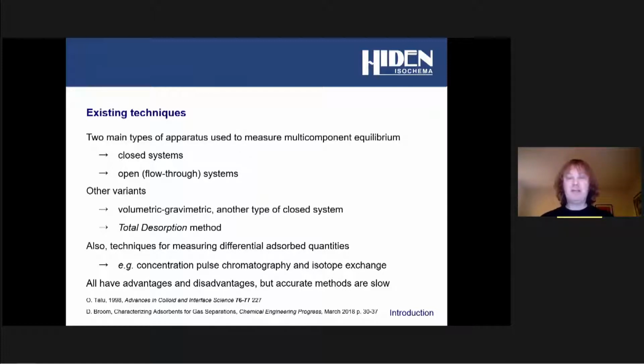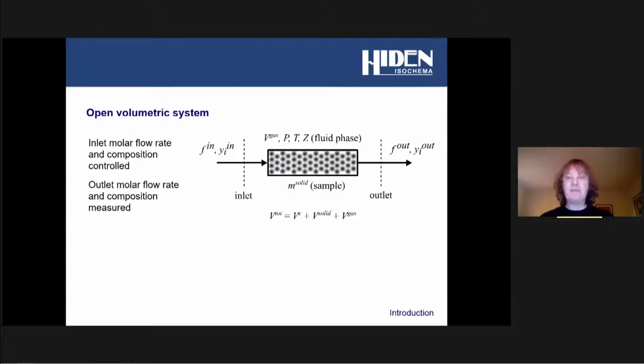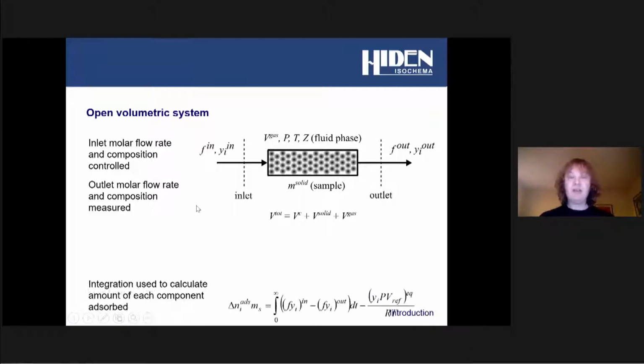Before moving on to the IMB method itself, I'd like to focus on the open volumetric system. So we have a schematic over on the right-hand side here showing the adsorption column. In this technique, we control the inlet molar flow rate and the inlet molar composition, and then we measure the outlet molar flow rate and outlet molar composition.